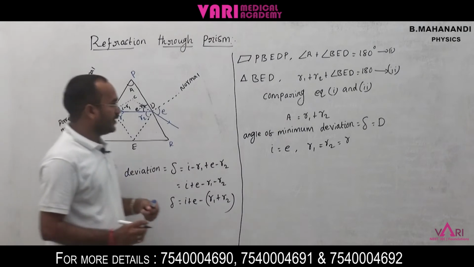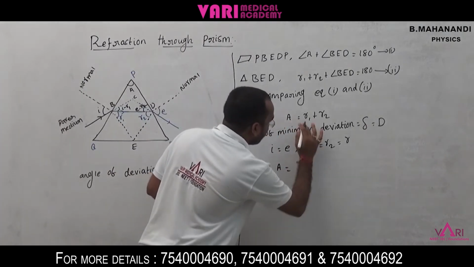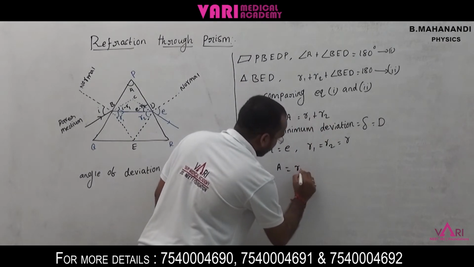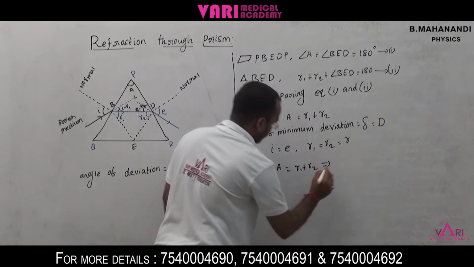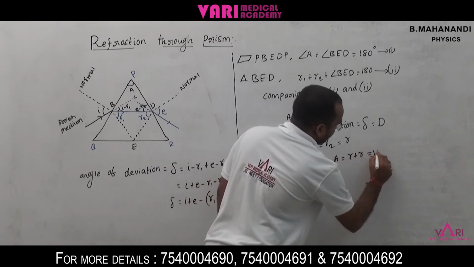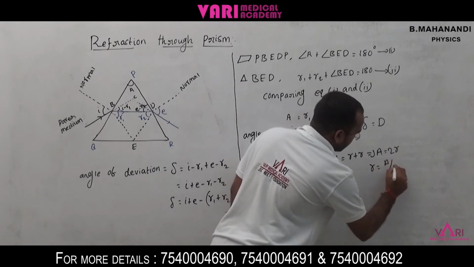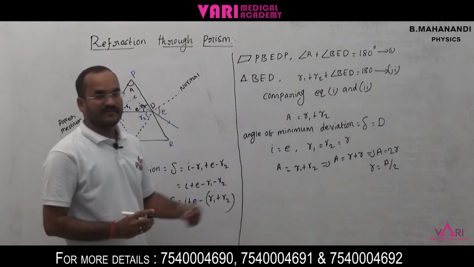Now A equals r1 plus r2, so A equals r plus r, which means r equals A by 2. This is the refraction angle, A by 2.